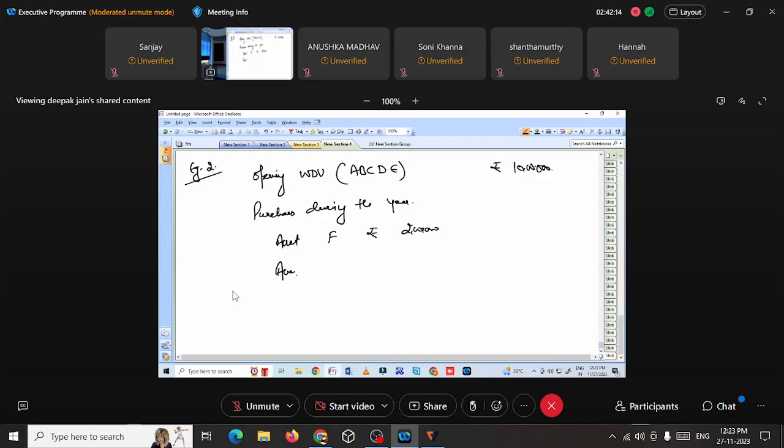Asset G, old, rupee 1 lakh. Asset H, old, rupee 80,000.